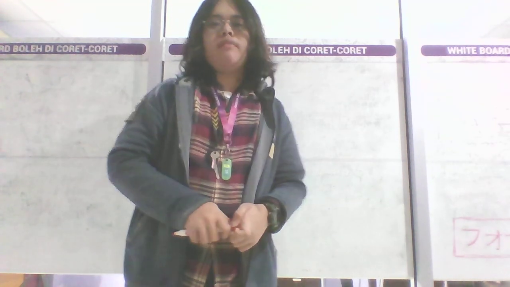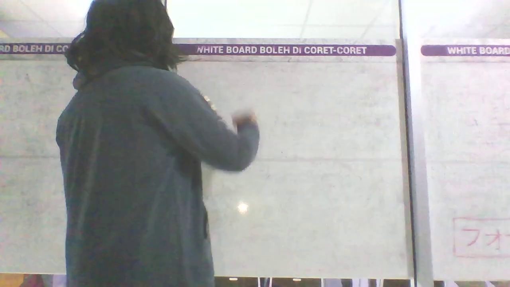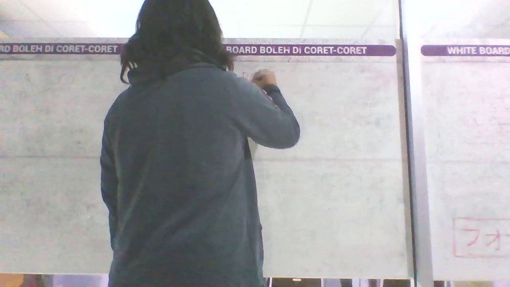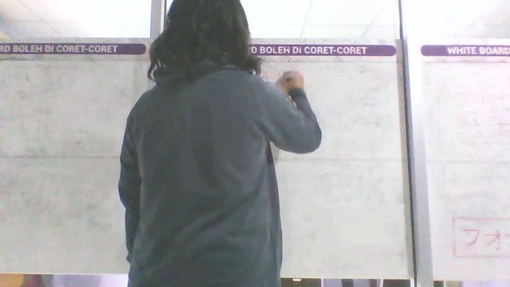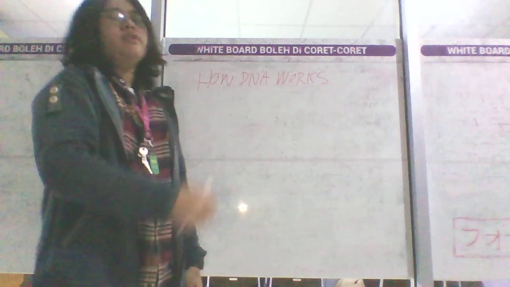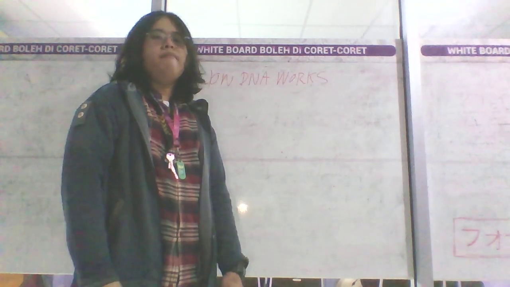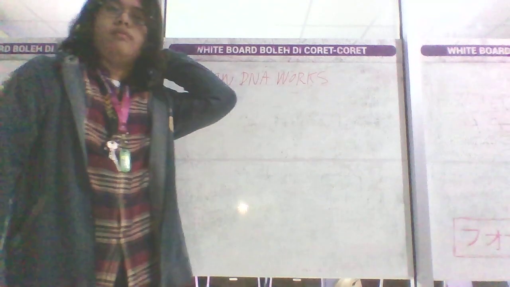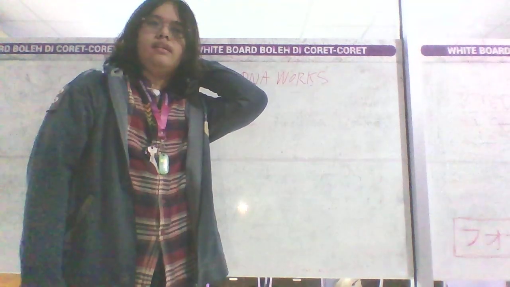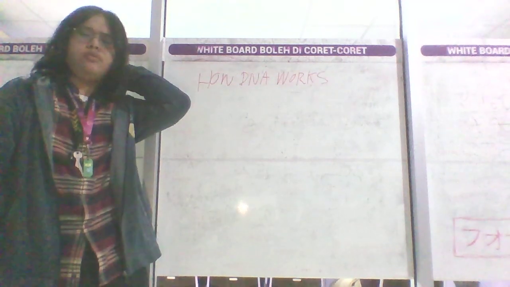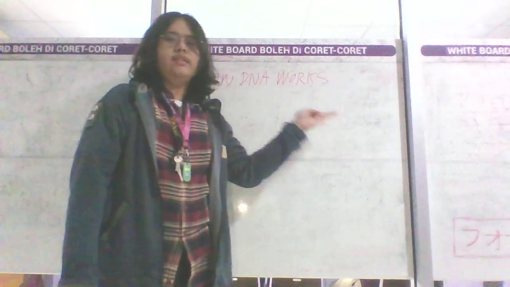So, good afternoon everybody. My lecture today, our theme is how DNA could be worked. Today we could separate it into three subjects, commonly for biology understanding, to make sense of this.